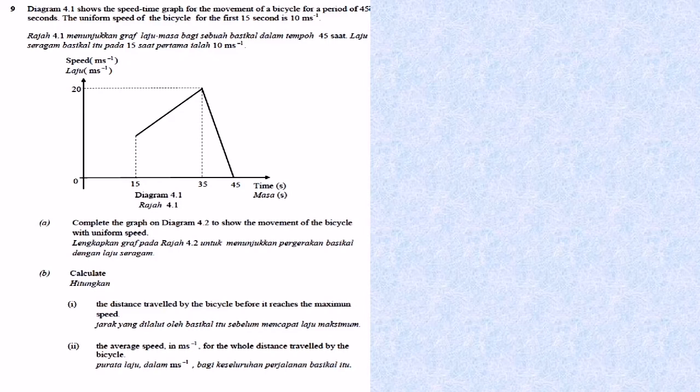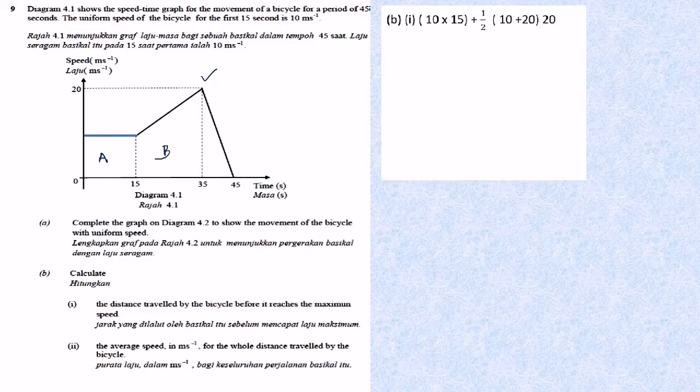B. Calculate the distance traveled by the bicycle before it reaches the maximum speed. Okay, where is the maximum speed? 20 meters per second here. To find the distance from a speed time graph, you need to find the area under the graph. So you need to find area A and area B. For area A, 15 times 10.